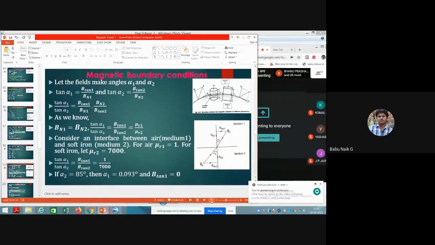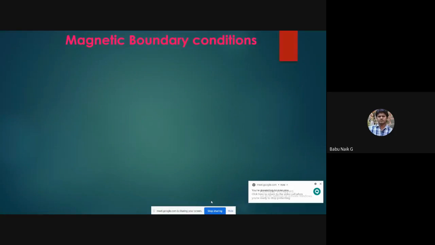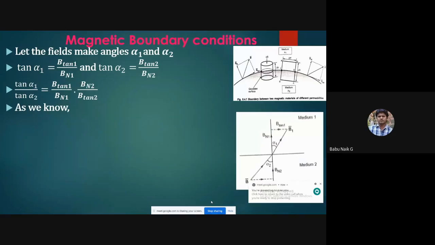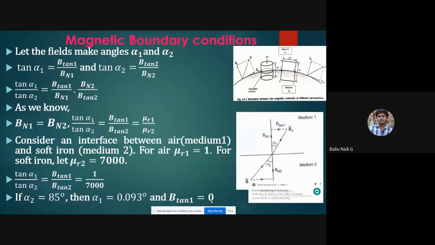So from this you can calculate the boundary condition completely, for any problem that is given. You can calculate how much the magnetic field strength is, with the angle provided. This is very important, the boundary condition, and that's why I've spent more time on this boundary condition in magnetostatics.